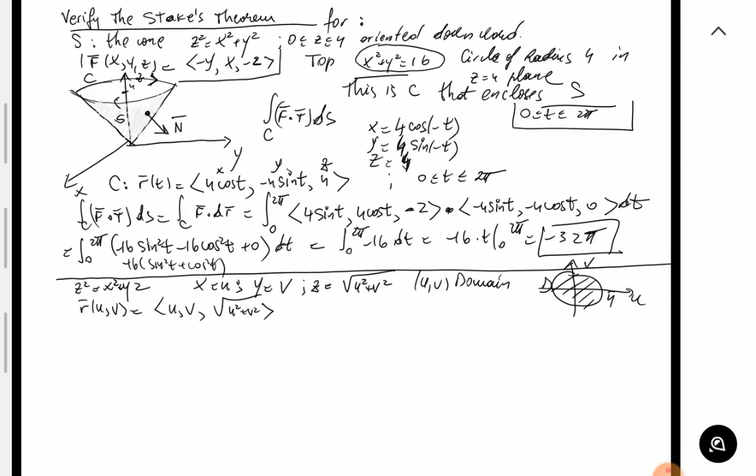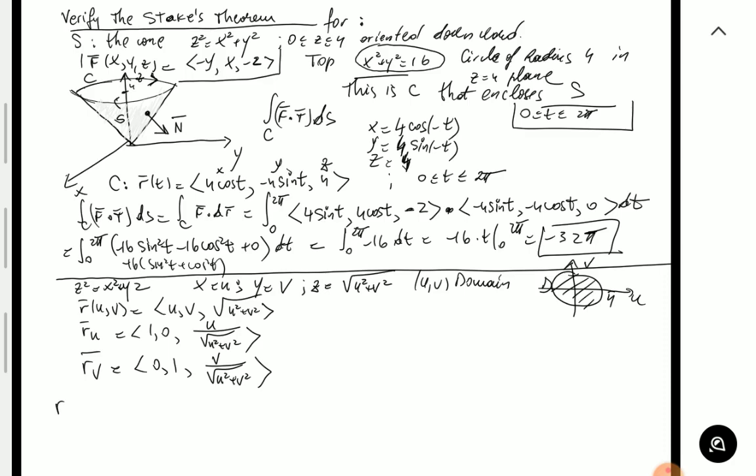And we're going to need Ru cross Rv, so let's do the partials. Ru is 1, 0, partial u of the radical, that becomes u over square root of u squared plus v squared. And Rv is 0, 1, partial v, which is v over square root of u squared plus v squared.